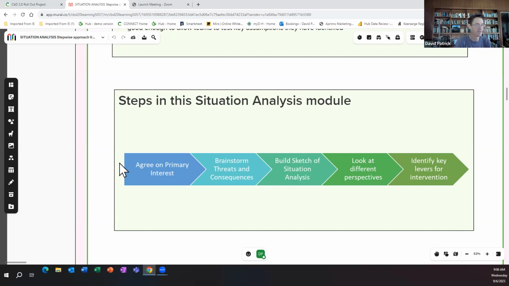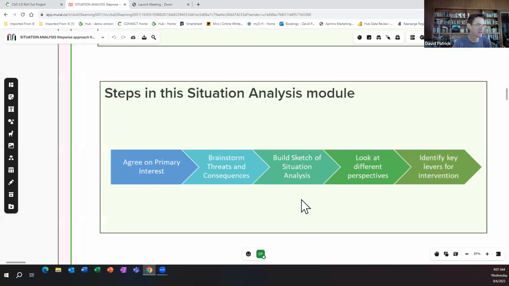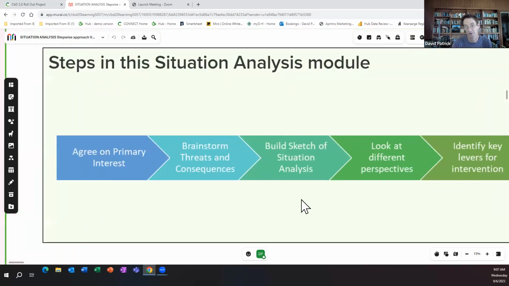Once we have that down, we then step into an initial brainstorm around what are some of the immediate consequences of the current or potential future state of that primary interest, and what are some of the key drivers, some of the immediate reasons why that state is in place. And we go through that quick exercise because it starts to lay the foundation for how we then build out that diagram from there.